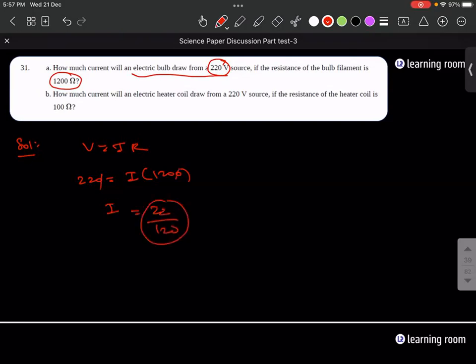So 22 divided by 120 or 11 by 60. It will be 11 by 60 ampere.